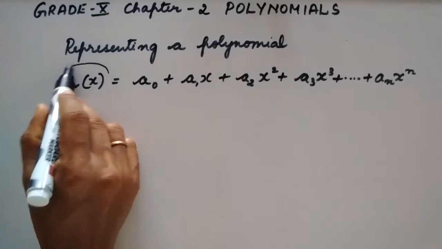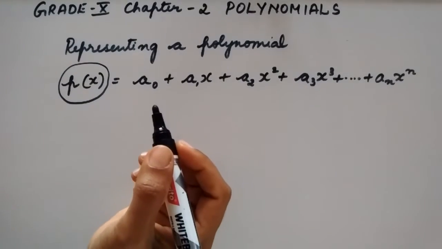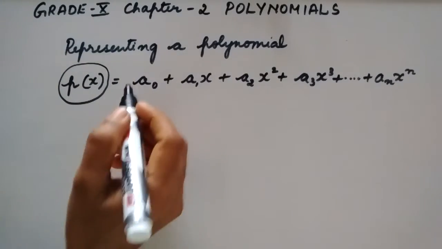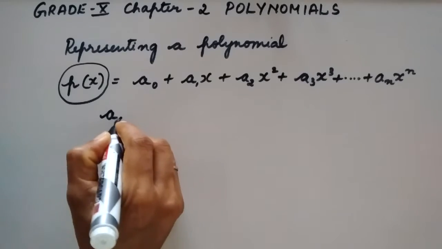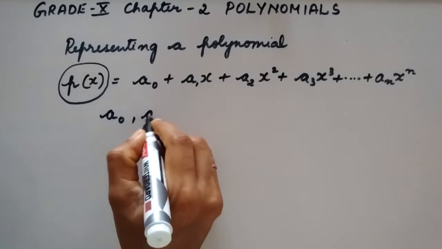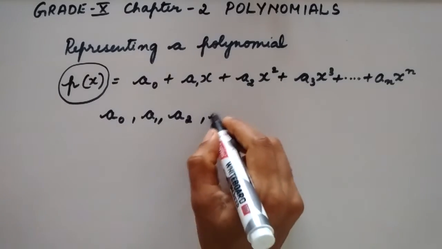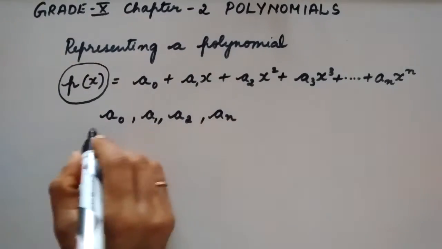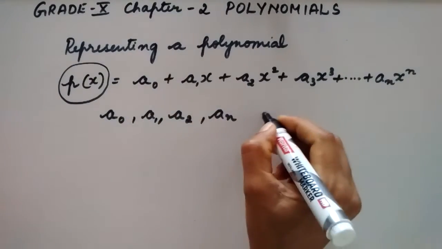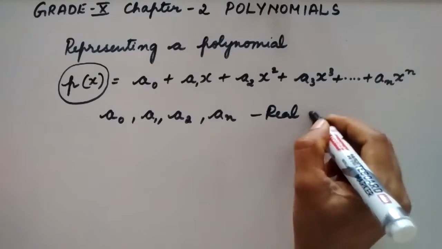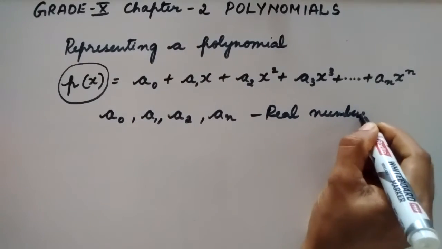Let us understand p of x later. Now what are a0, a1, a2, an? These are the real numbers, isn't it?